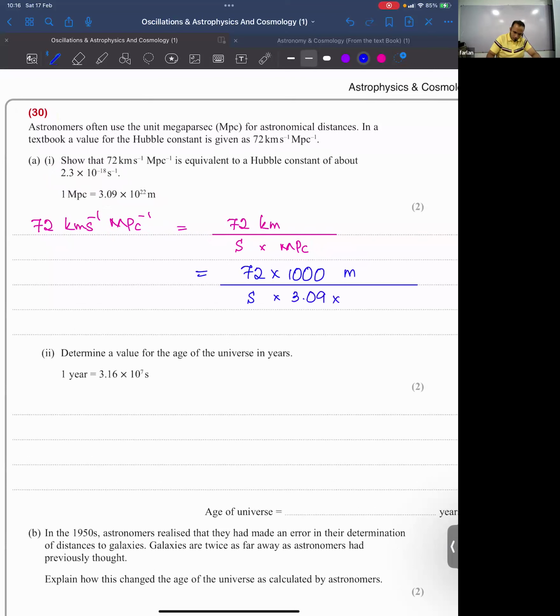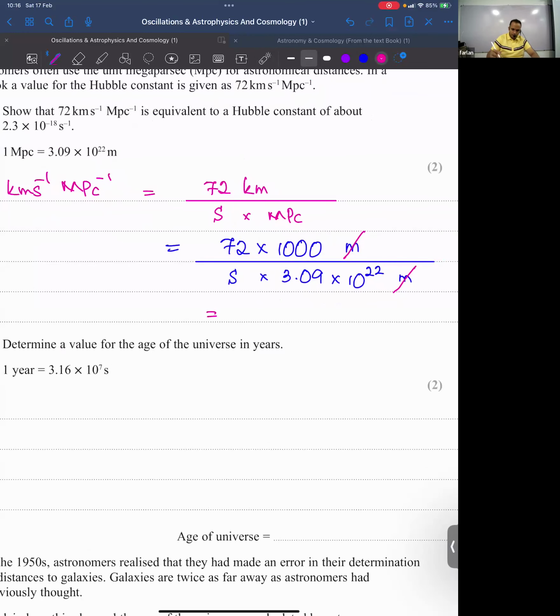You see this meter will cancel off with this meter, and we have only the unit seconds in the denominator. So it is going to be 72,000 divided by 3.09 into 10 to the power 22, which is 2.33 into 10 to the power minus 18 per second.